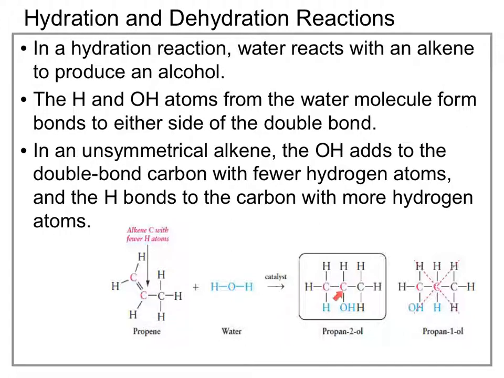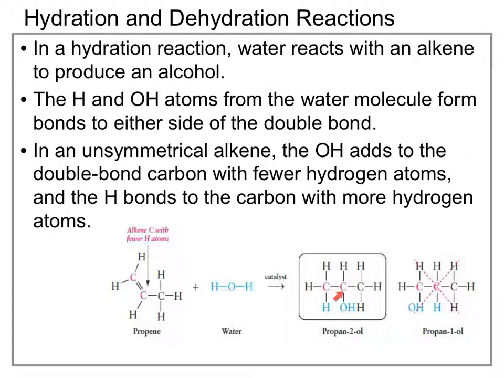And so we can see that our OH is attached to our central carbon. So the OH attaches to this carbon right here, and then the H attaches to the other carbon, and our double bond disappears and forms a single bond. In these types of reactions, the OH is always going to form on the carbon that is more substituted.